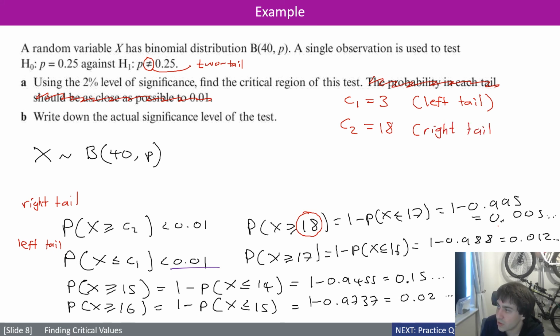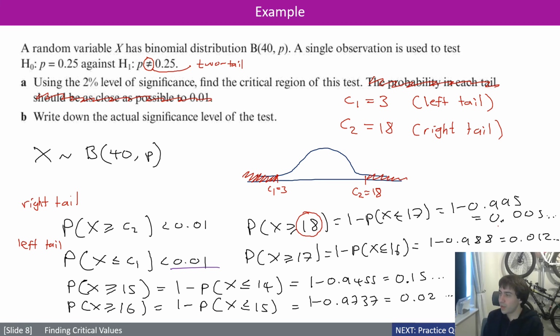Okay. So again, in terms of the hump diagram, which is not a technical term, we've got C1 equals 3 on the left, our critical value C2 equals 18 on the right. The critical region is everything over here and everything over here. So what will that be?